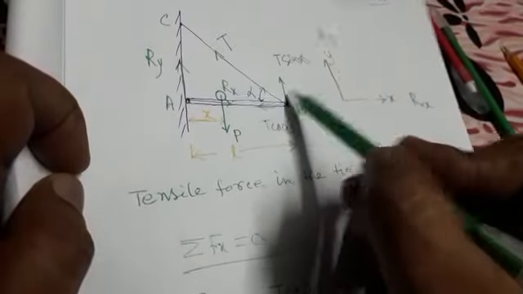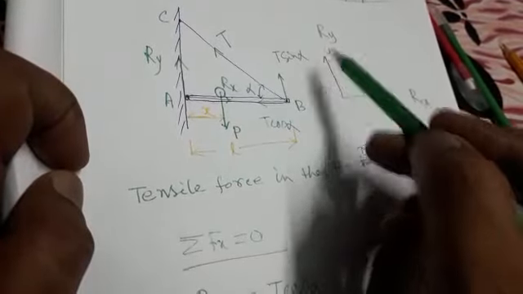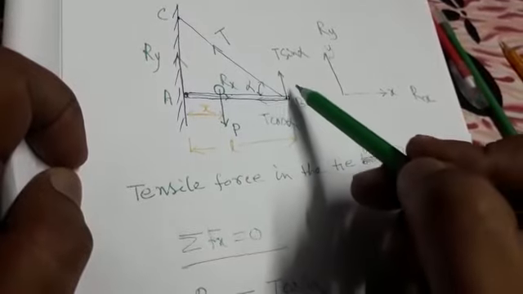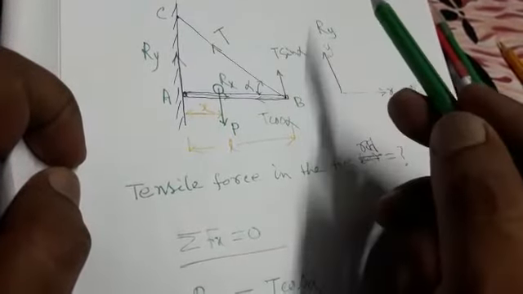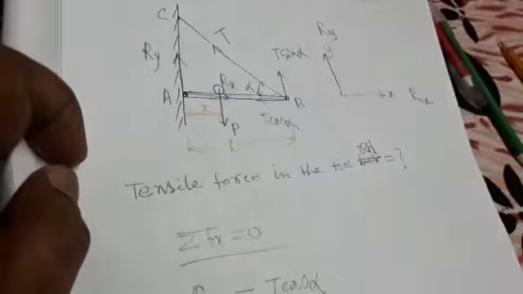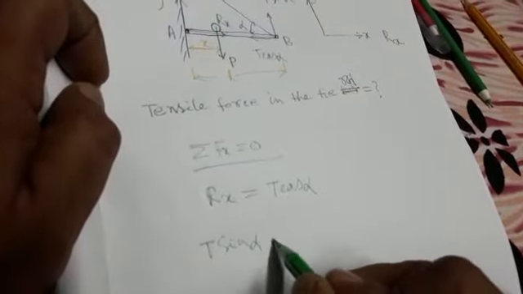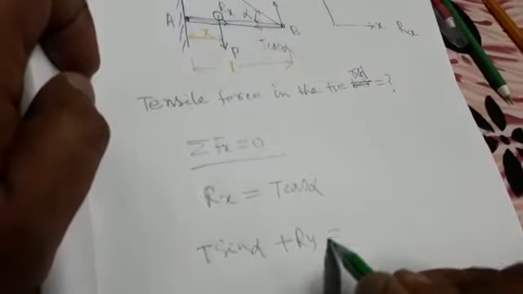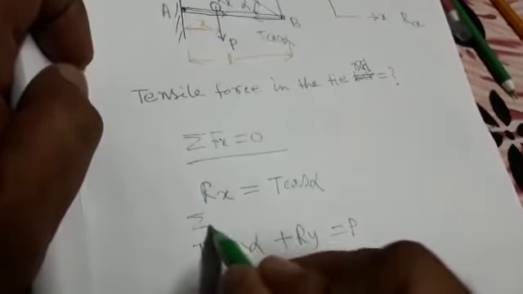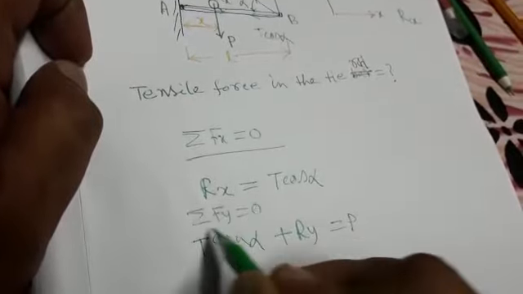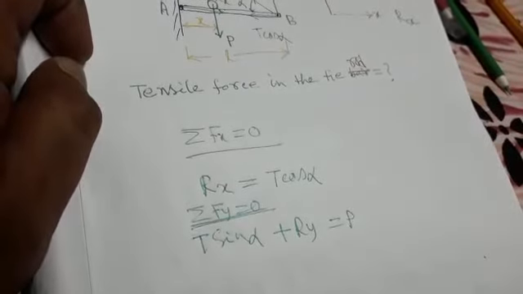T sin alpha, Ry, and P. The directions of T sin alpha and Ry are vertically upward, and the direction of P is downward. Therefore, we can write T sin alpha plus Ry is equal to P. This we are getting by using sigma Fy equal to 0.